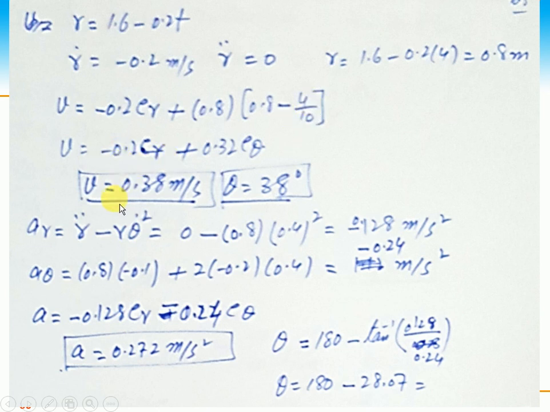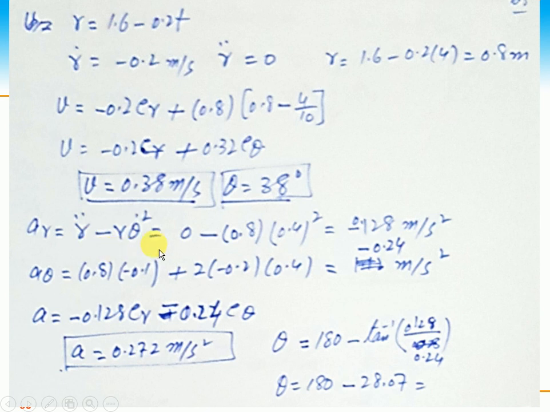I can find v is equal to minus 0.2 e_r minus 0.32 e_theta, so v is equal to 0.38. The angle, of course, I find out is tangent inverse of e_theta by e_r, about 58 degrees with the x-axis.